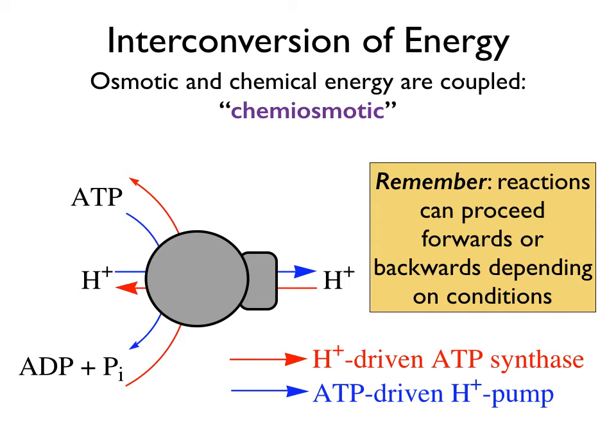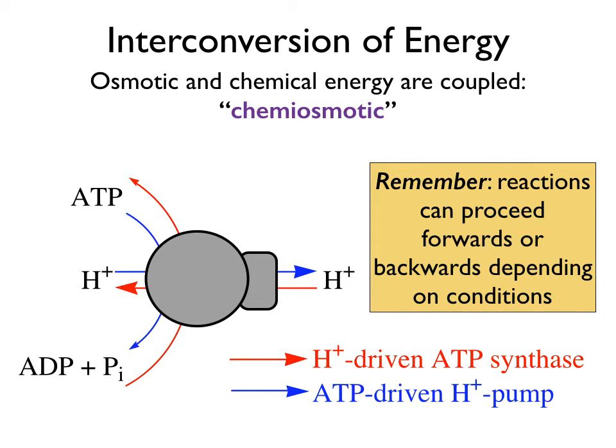Now, you'll remember from our transport discussion that you can use ATP hydrolysis to do active transport. Well, it turns out that transporters, under the right conditions, can run that reaction in reverse. They are, after all, enzymes. And you remember that enzymes catalyze reactions, but where the equilibrium lies depends on the concentrations of reactants and products and prevailing conditions.